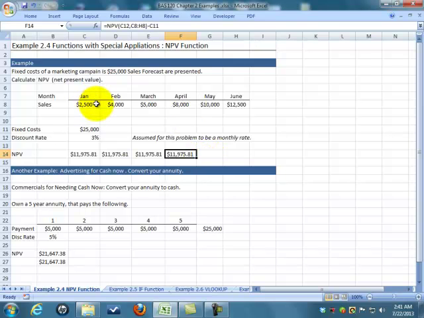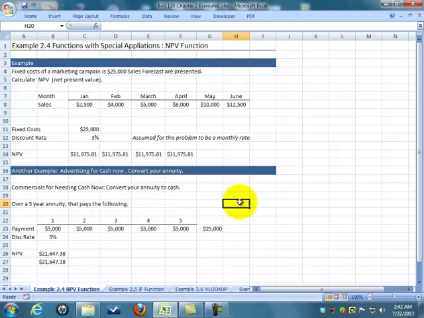So this investment makes a lot of sense. I'm going to invest $25,000, going to get this stream of positive cash flows, and it'll have a net present value of this. The present value of this flow minus the fixed cost is 11,000.